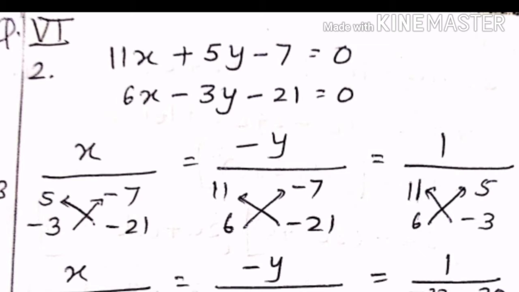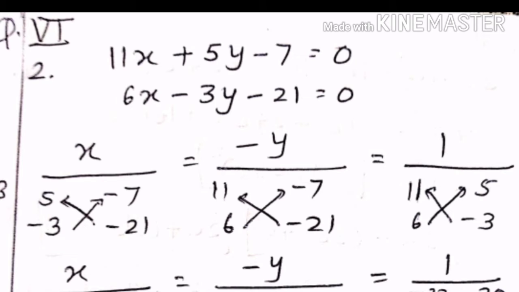Now for the second step, you have to write x, minus y and 1, and in the denominator of x you have to take not x but the y coefficient and constant terms, and under minus y there are the x coefficient and constant terms, and under the 1 there are the x coefficient and y coefficient, and then we have to cross multiply.